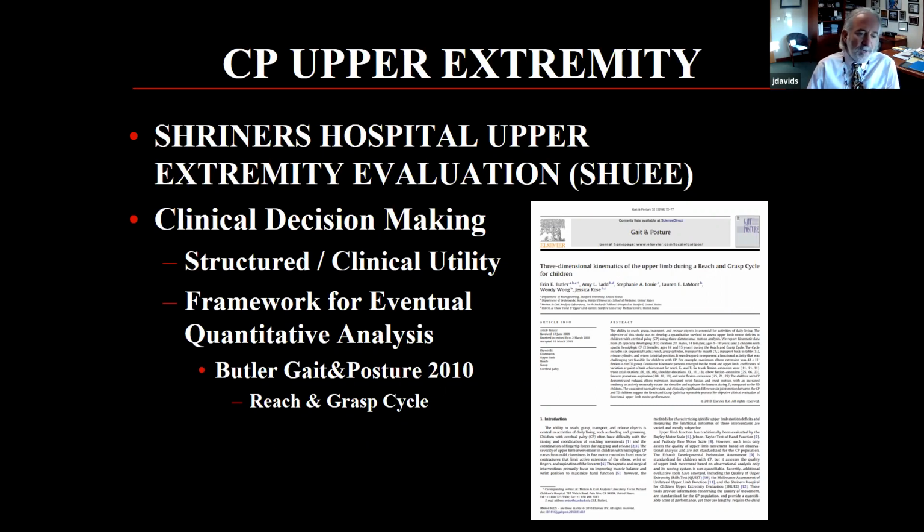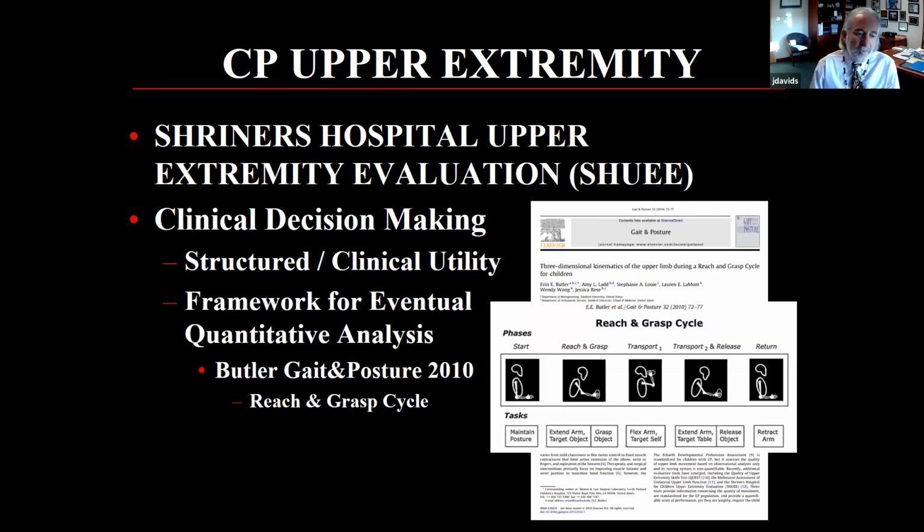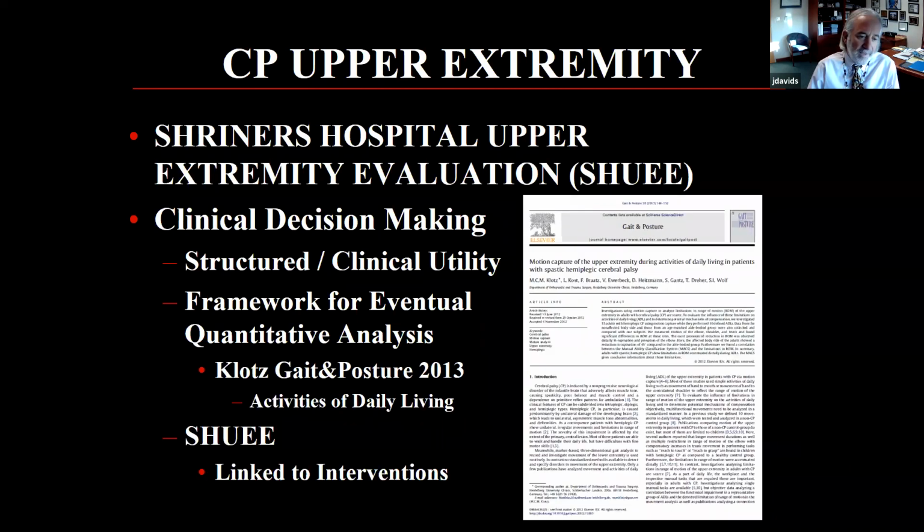There have been some interesting approaches to quantitative upper extremity assessment. The group from Stanford proposed the creation of a grasp and release cycle modeled after the gait cycle. This is interesting, but I really am not sure that it will be granular enough to provide insight into deviations and promote clinical decision-making.